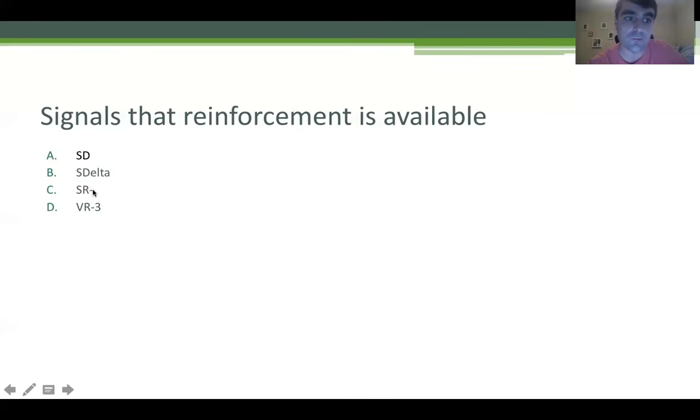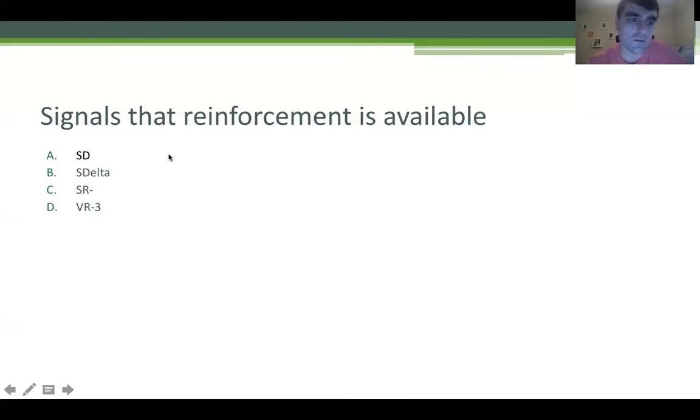It's just saying this is negative reinforcement. So C is out. D, VR3. Well, what is this? What is VR? You should know this from the past videos. These are one of our reinforcement systems, but it's a schedule, right? It's not the signal. It's when we're delivering reinforcement, on a variable ratio of 3. It's not the signal. That's the schedule.